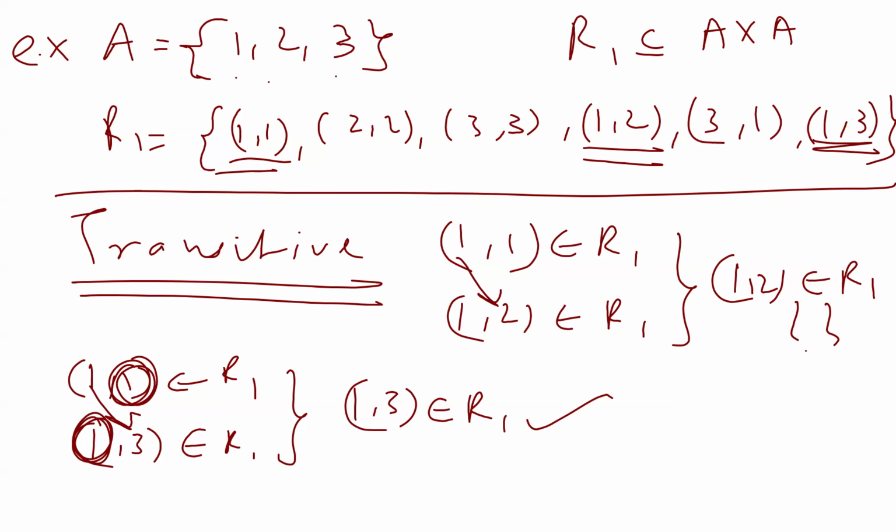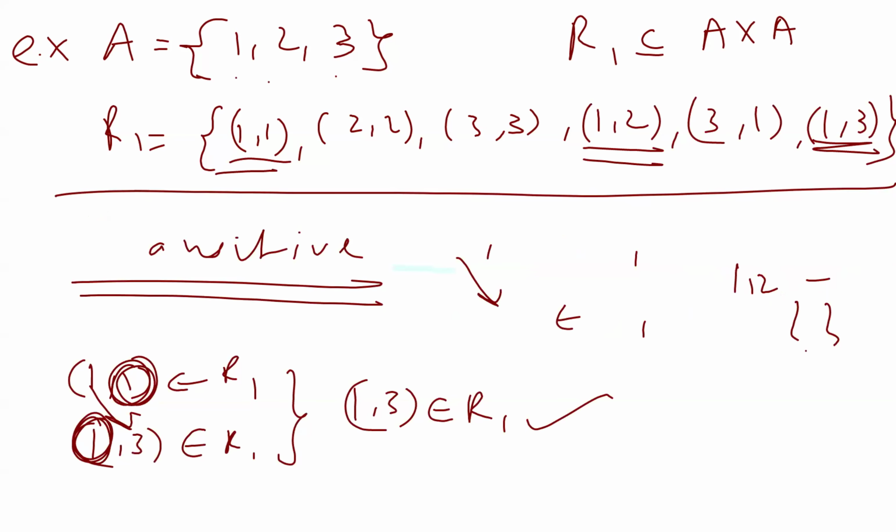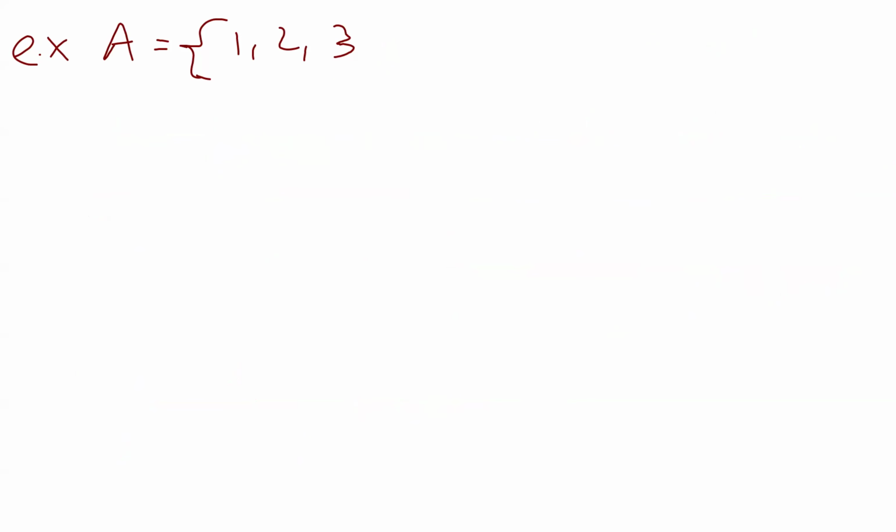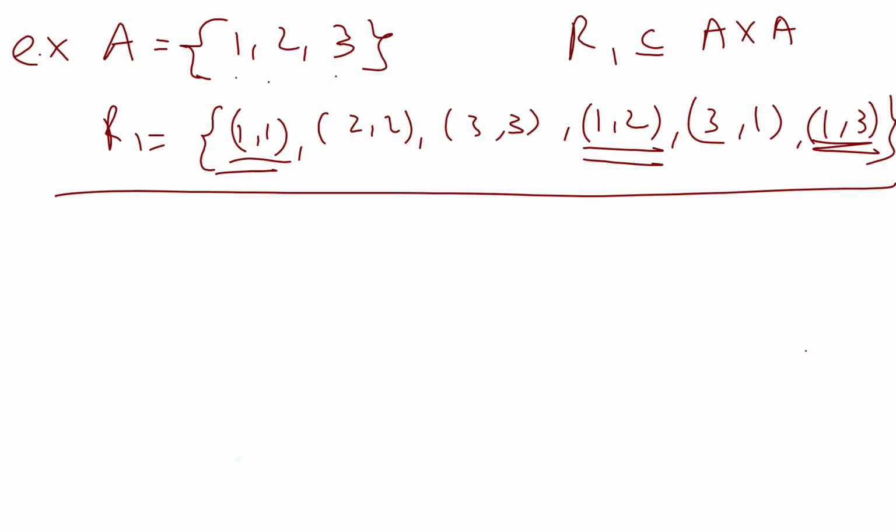Few more examples we'll take. We are checking transitivity, third part. (3,1) belongs to R1, (1,3) belongs to R1.